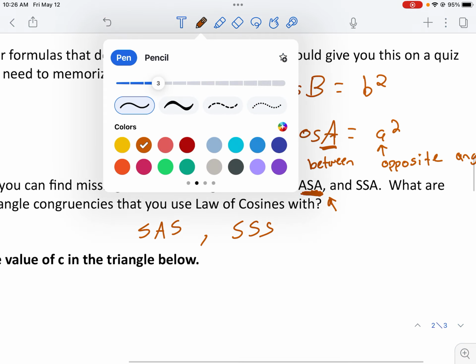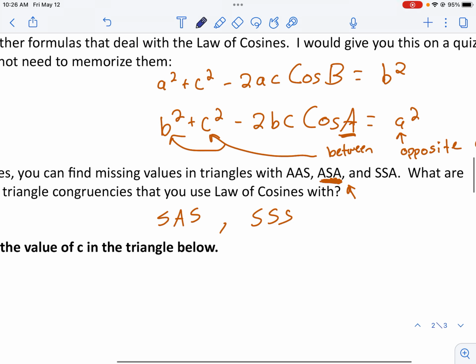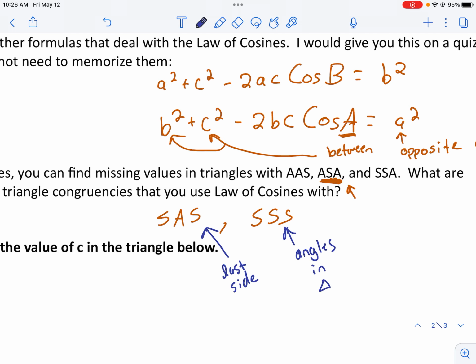So the different reasons to use these things: if you have side, angle, side, you're probably looking for the last side of a triangle. If you have side, side, side, you're probably looking for angles in the triangle. For the law of sines, if you have angle, angle, side, you're probably looking for a side. If you have angle, side, angle, this is a little bit harder.